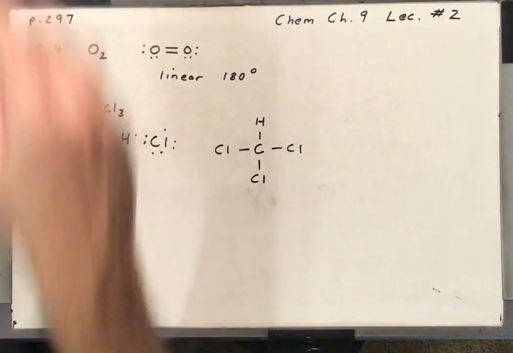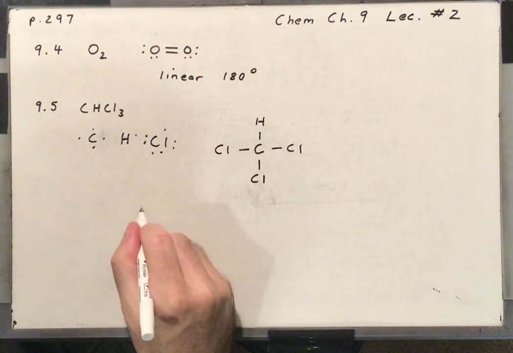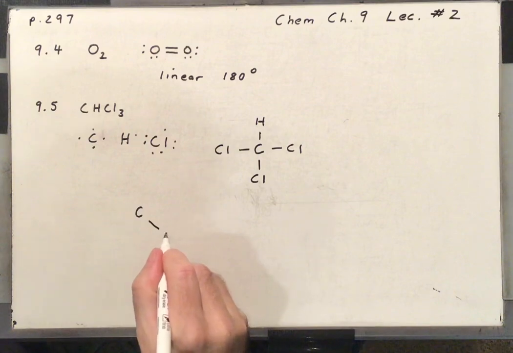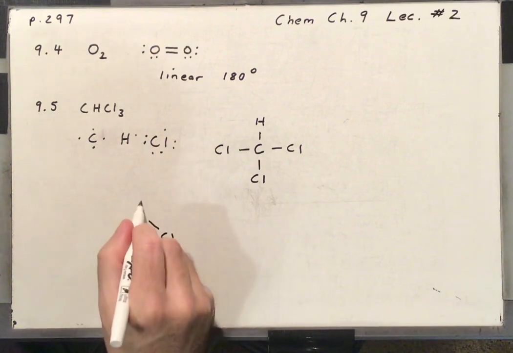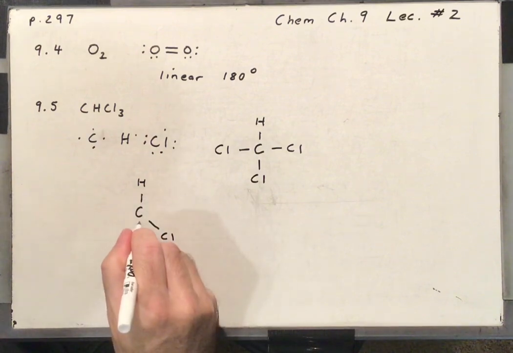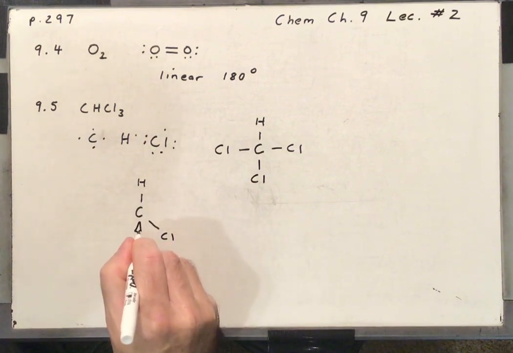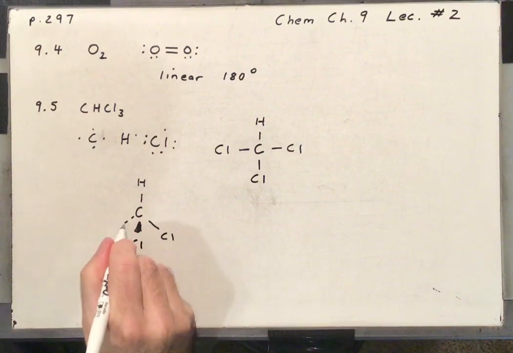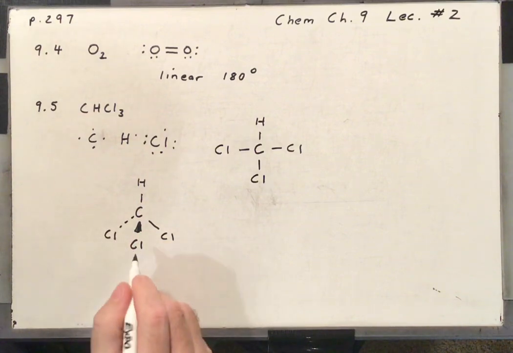The way that we draw that is with carbon in the center. It doesn't matter if you pick hydrogen or chlorine, but we'll go ahead and just put hydrogen on top by itself. We need to draw one thick line for chlorine, and then one dashed line to signify that it's in the back.